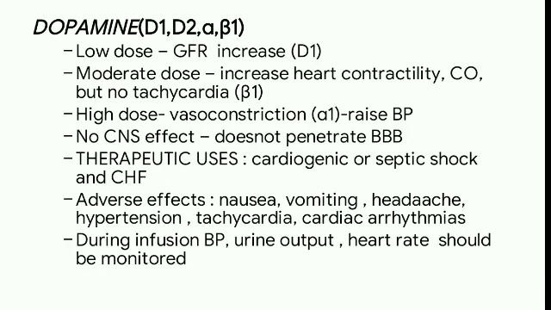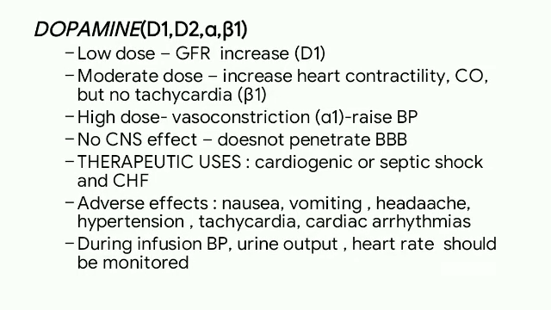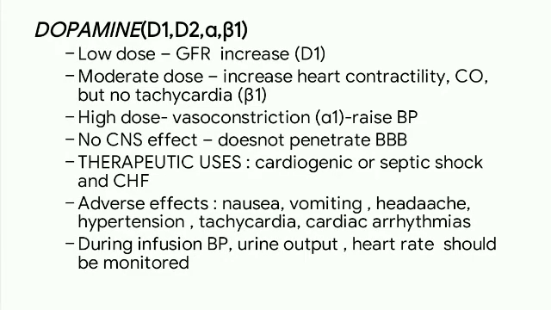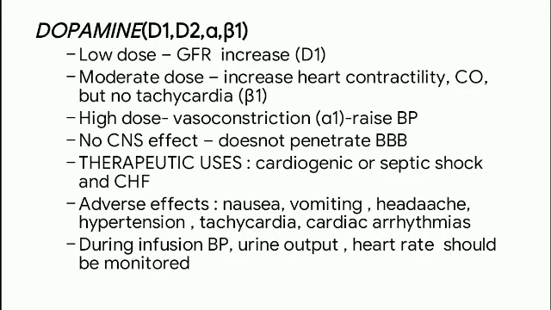And next, dopamine. It is an agonist of D1 and D2 dopaminergic receptors and alpha and beta 1 receptors. At low dose, it increases the GFR through D1 receptors, and at moderate dose, it increases the heart contractility and cardiac output, but there is no tachycardia. And at high doses, it causes vasoconstriction and increases the blood pressure.